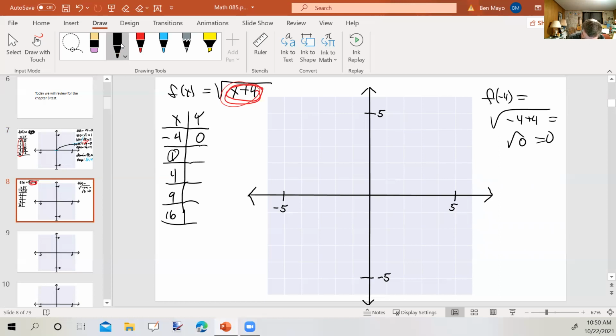How about this one? What if I took this and put it in there? 1 plus, no, I need, what did I do here? Here I subtracted 4 from my original values: 0, 1, 4, 9, 16. So what if I subtract 4 from 1? I get negative 3. Well, f of negative 3 is the square root of negative 3 plus 4, which is the square root of 1, which is 1.